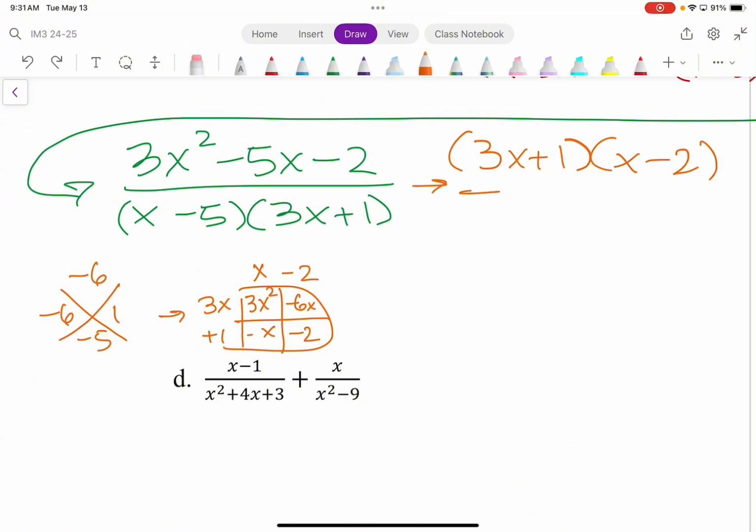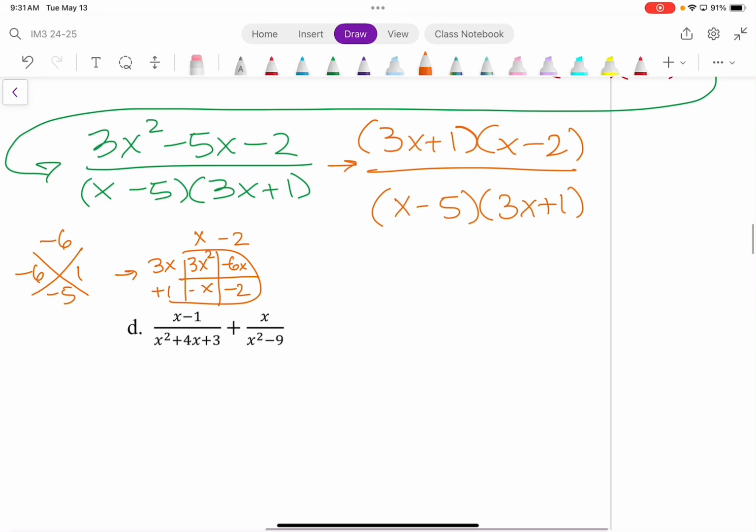over x minus 5, 3x plus 1. And now we can cancel.